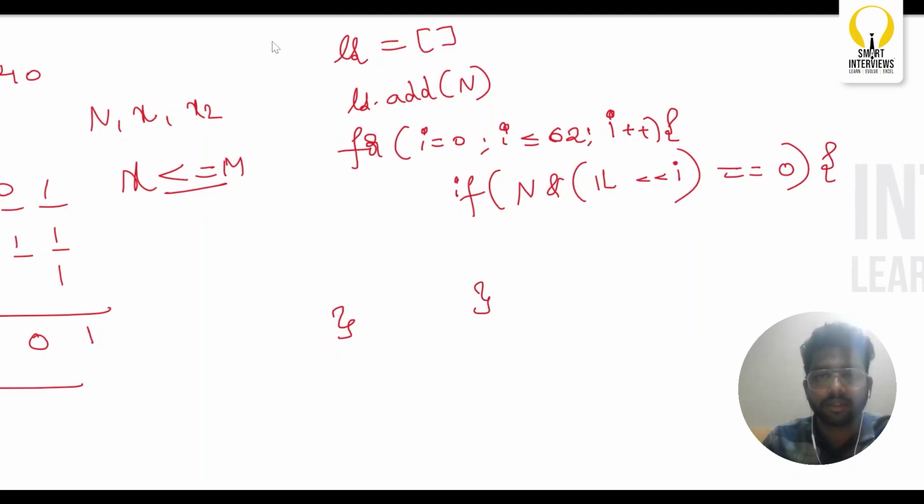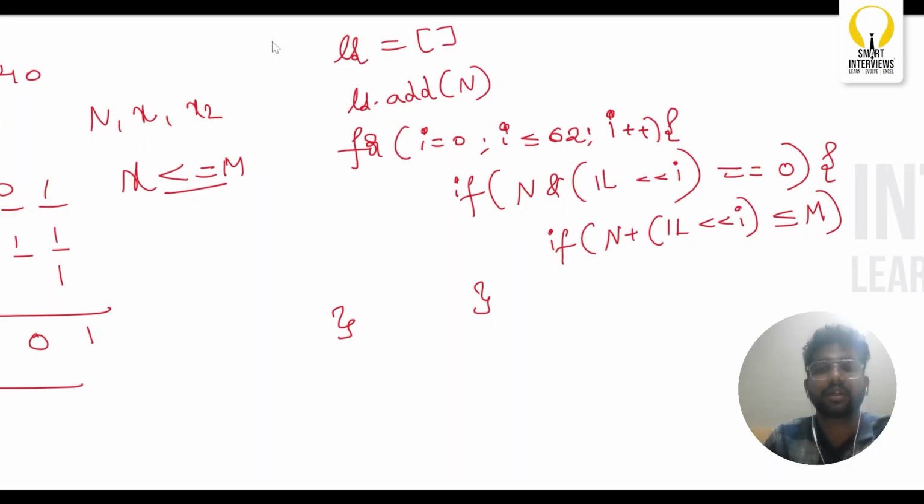Simply say if n plus 1 long left shift of i is less than or equal to m.